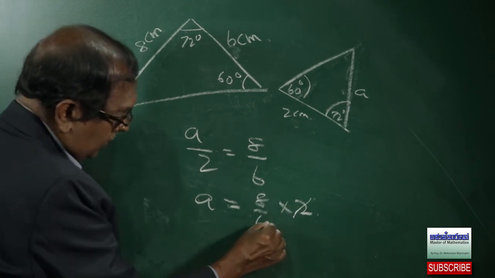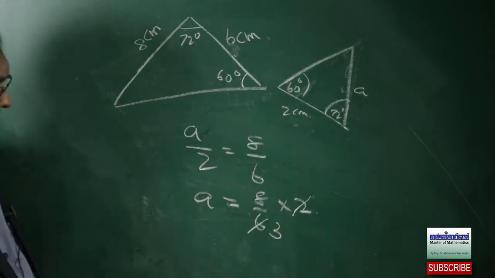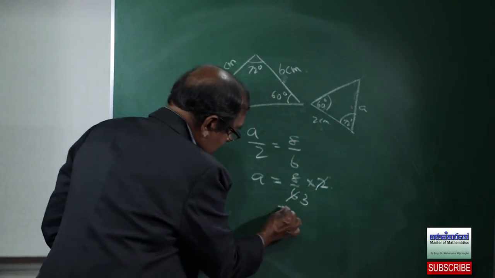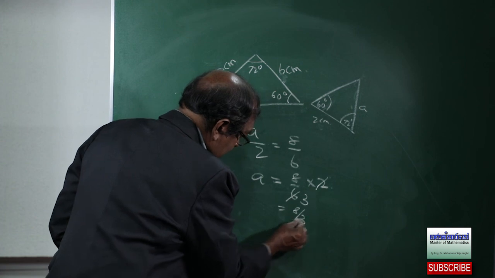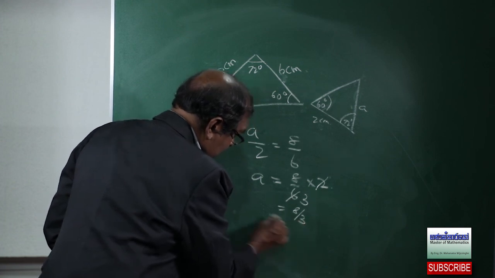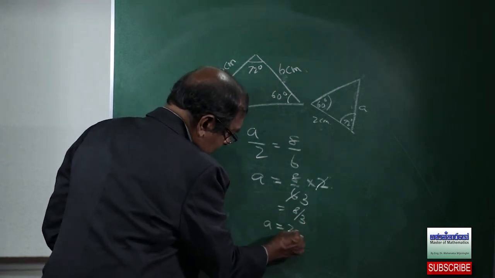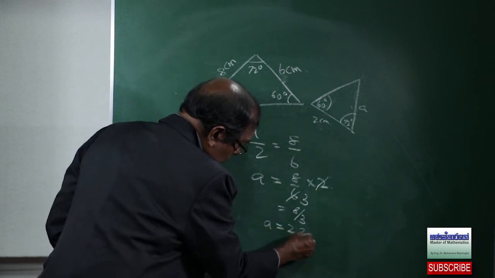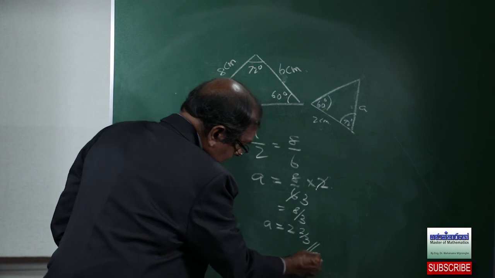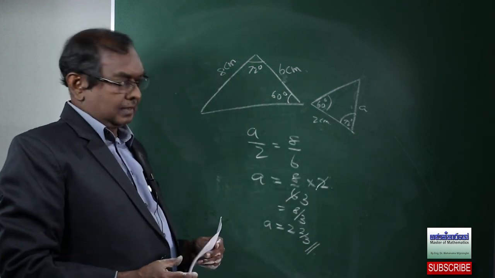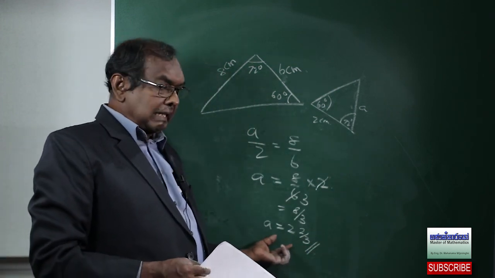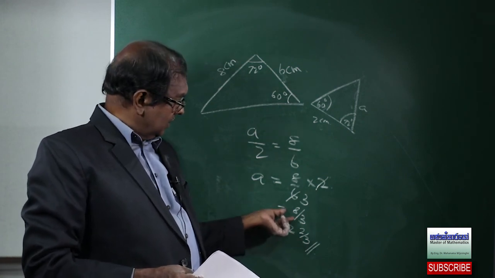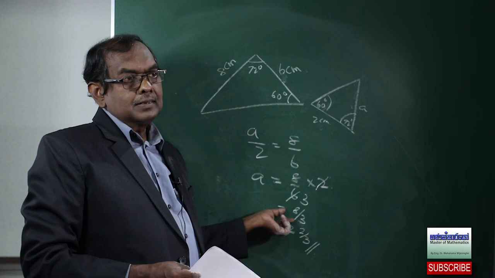Then 2 into 8 divided by 6, 6 equals 2 into 3, then 8 divided by 3. Then A equals 3 into 2, 6, the remaining part is 2, so 2 2/3. This is the answer. A equals 2 2/3, or we can give this as 8 divided by 3.